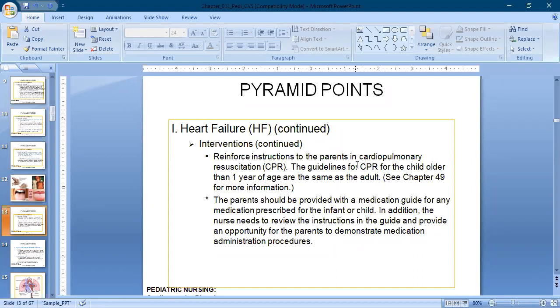We follow the adult guideline for CPR for a child older than 1 year of age. But in case of an infant, we have to use 2 fingers and push the pressure. How many times do we have to push? 30 times, right? 30 times.